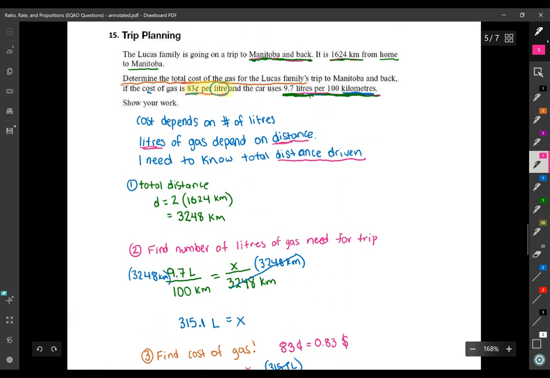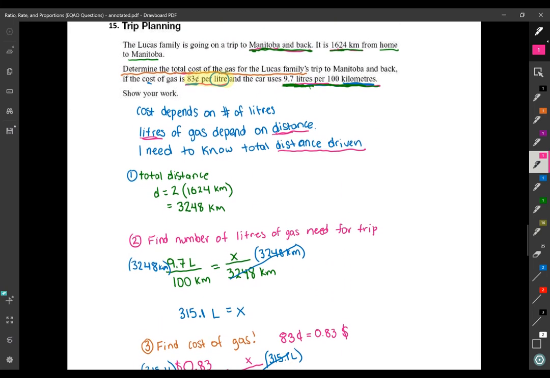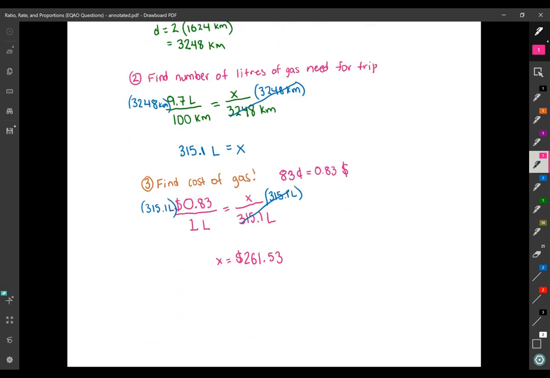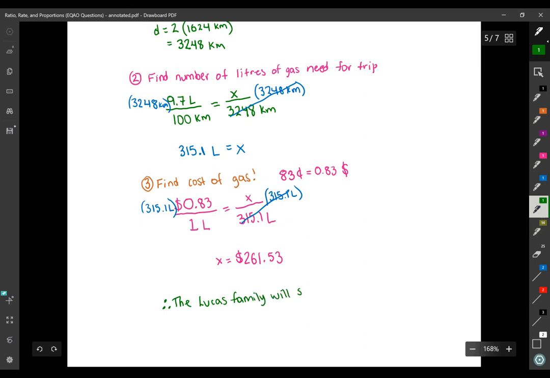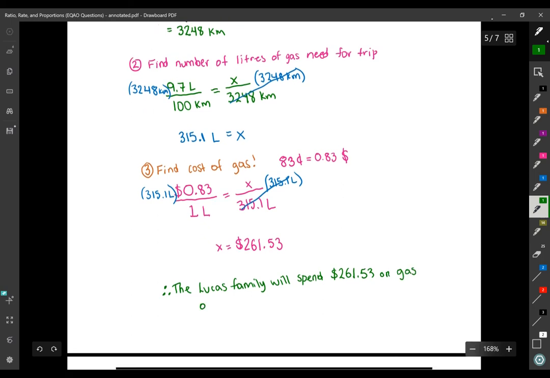And because this is a word problem, I need to create a concluding statement. So, therefore, the Lucas family will spend $261.53 on gas during their trip.